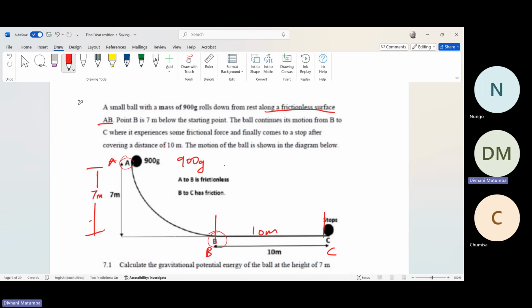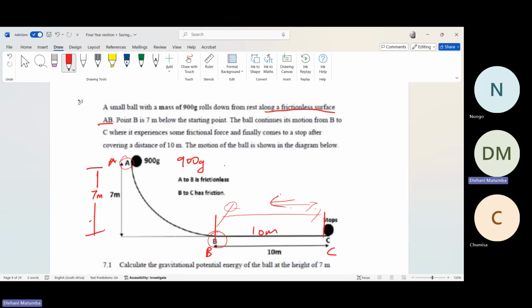Yes, sir. So whenever they start mentioning that there was friction, that's when you know that there's energy lost due to friction. Whenever there's friction, your object will decelerate and stop because the friction will be fighting against the motion.